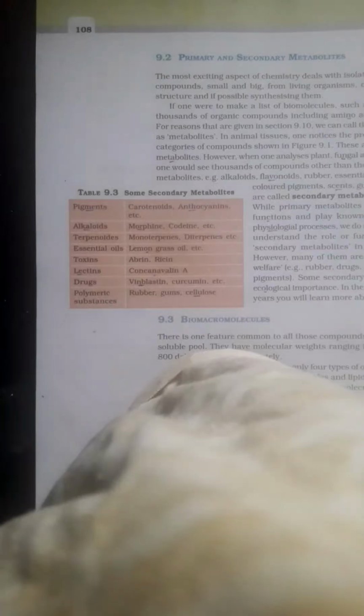Now, in this table, some secondary metabolites are given. Like secondary metabolites, pigments include carotenoids and anthocyanins.